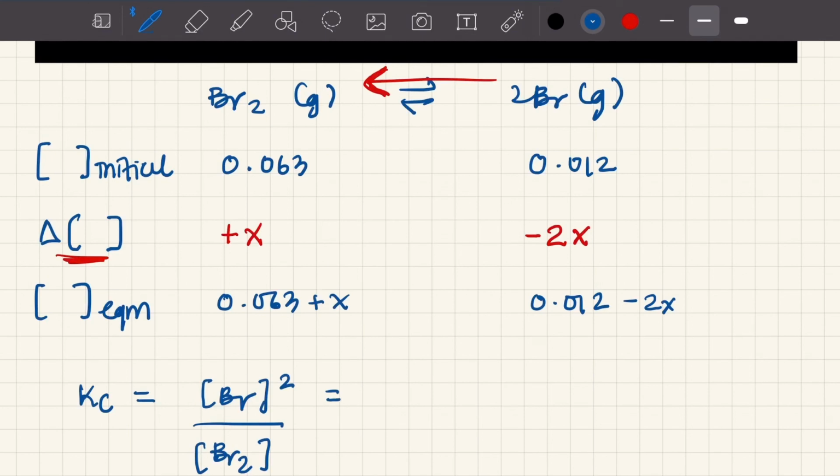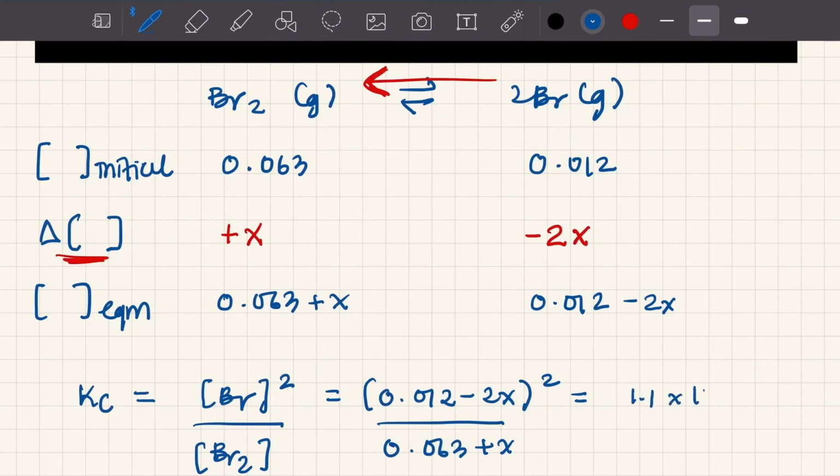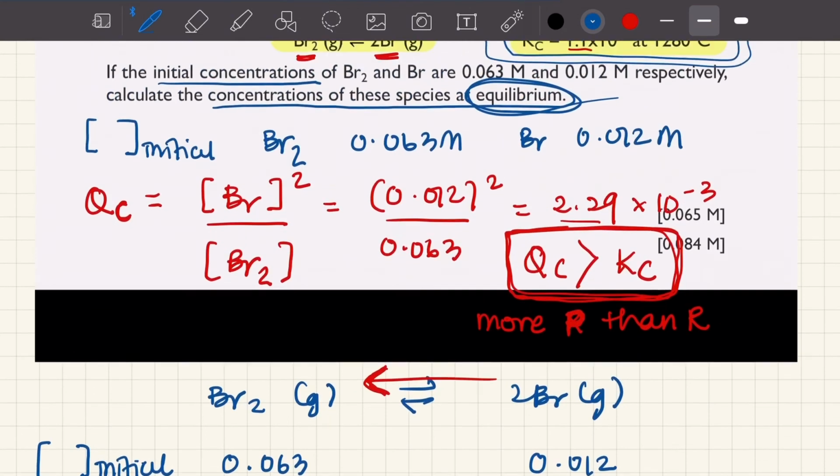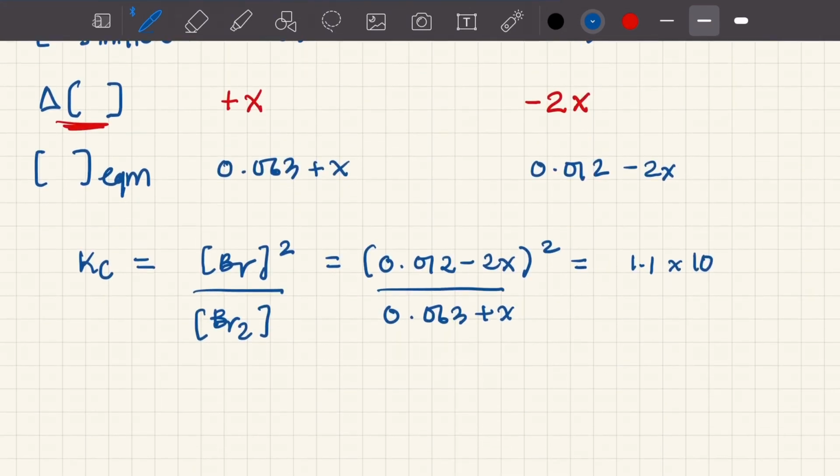So masukkan berapa? 0.012 minus 2X, square over Br2 0.063 plus X. Okay. Sama dengan apa? 1.1 times 10 minus 3 kan? Okay. So nanti awak kena buat quadratic equation.